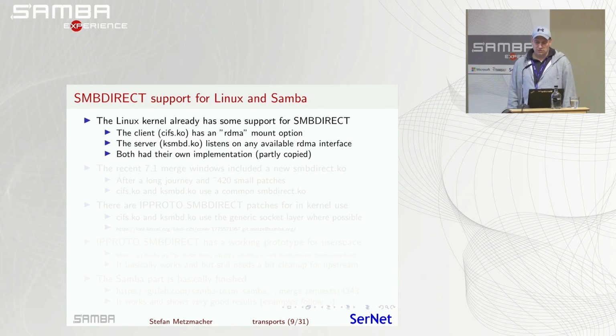So now to SMB-Direct support in Linux and Samba. The Linux kernel already had some support for SMB-Direct for the cifs.ko client module that has an RDMA mount option. The server ksmbd also listens on available RDMA interfaces, but in the past both had their own implementation, partly copied from each other, but both with a few bugs here and not there, and missing features in the one and not in the other.